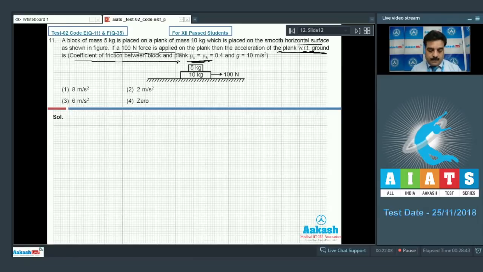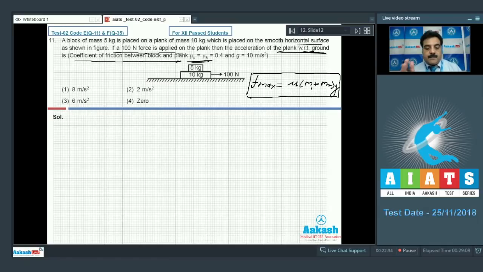So let's look at this seriously. Suppose I go for the maximum frictional force, so I can write the coefficient of friction times the total mass, m1 plus m2, times g. This is the concept that I will use.